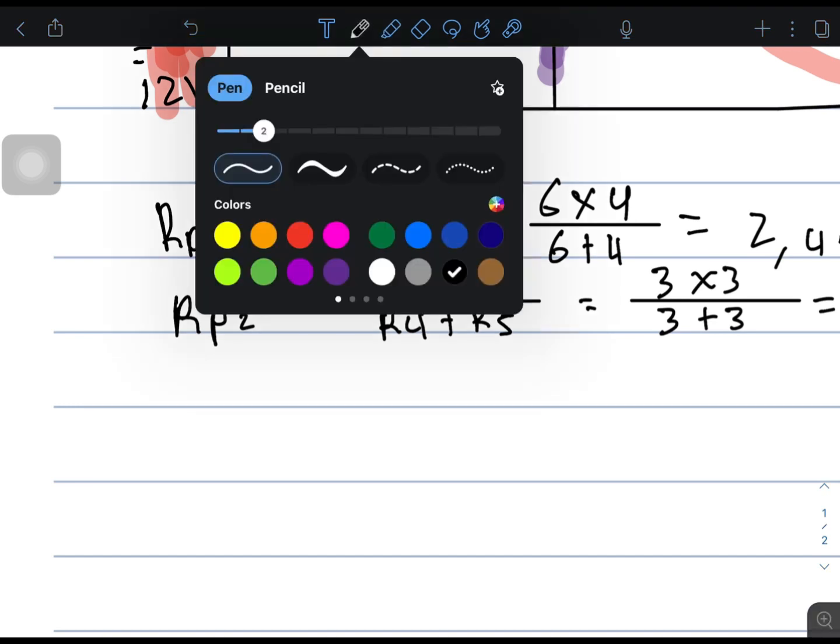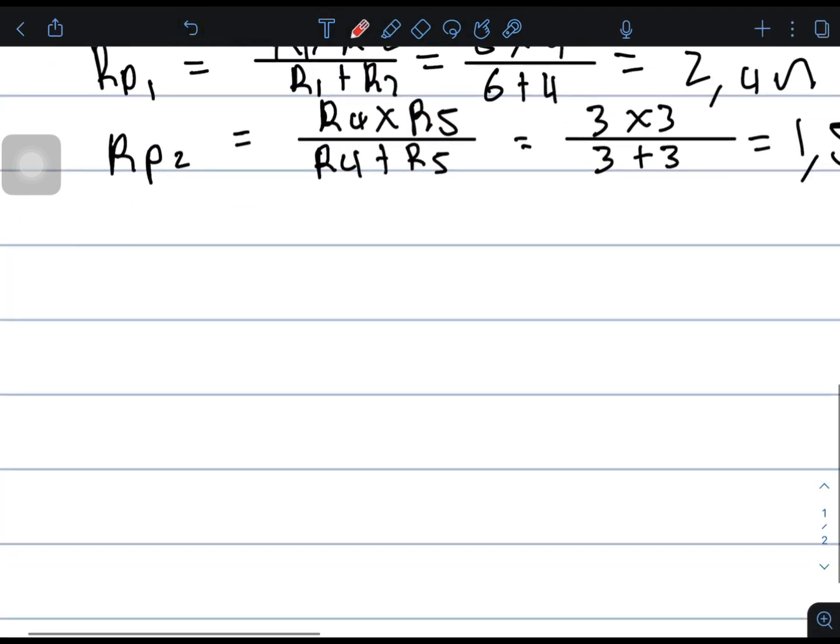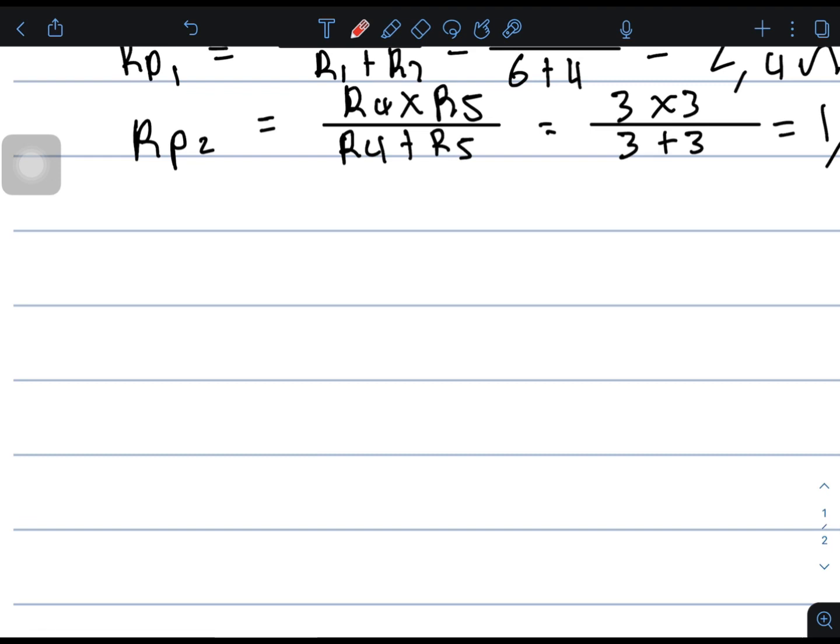So let's use the red color again when determining that. Let us first draw the circuit. We have a source. This is R parallel 1.